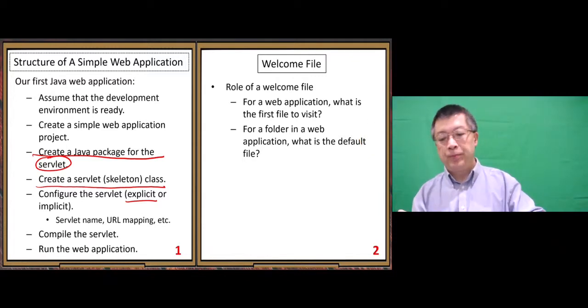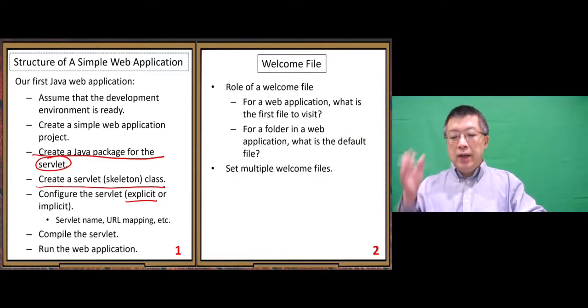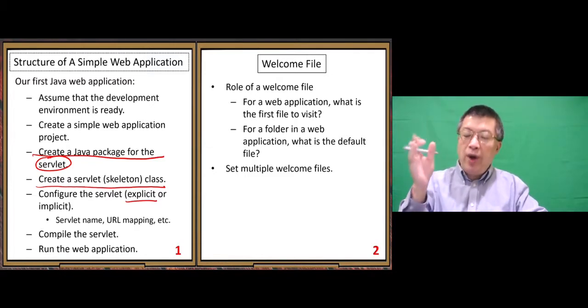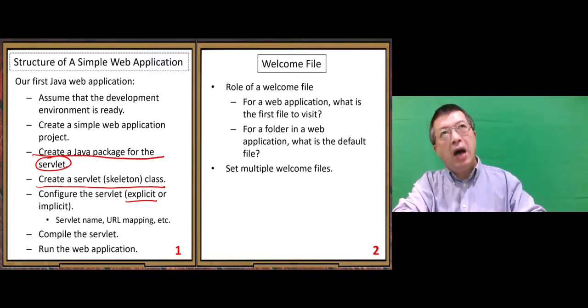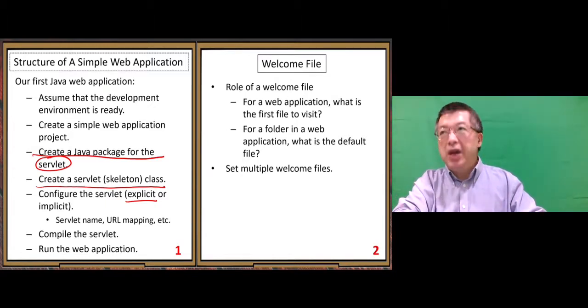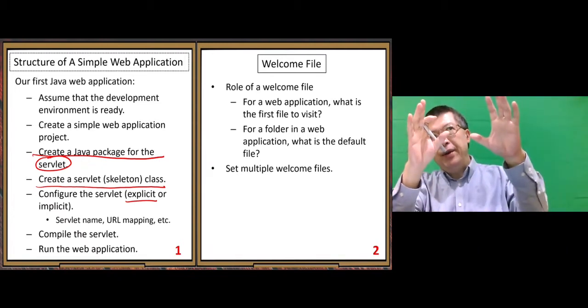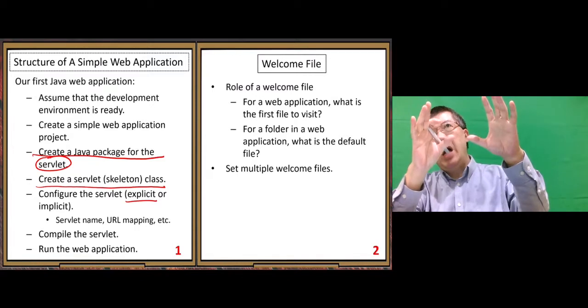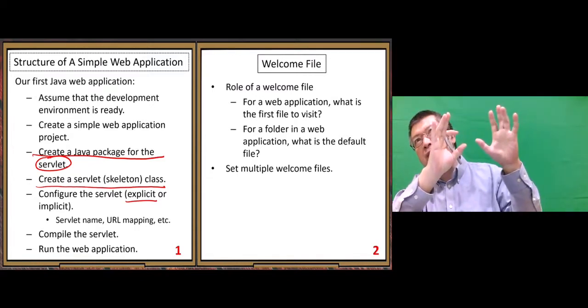Set up multiple welcome files. You are allowed to set multiple welcome files, especially since you do not know what file names other people want to use for welcome files.